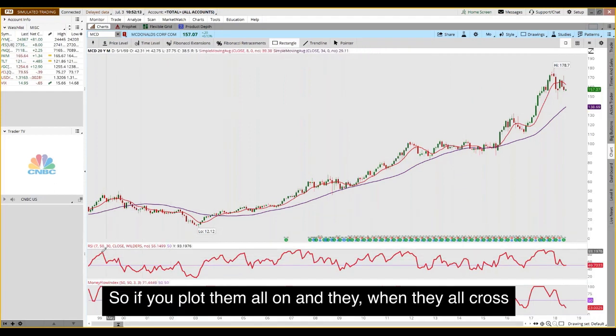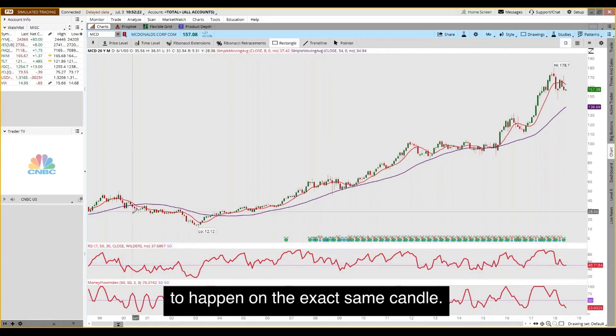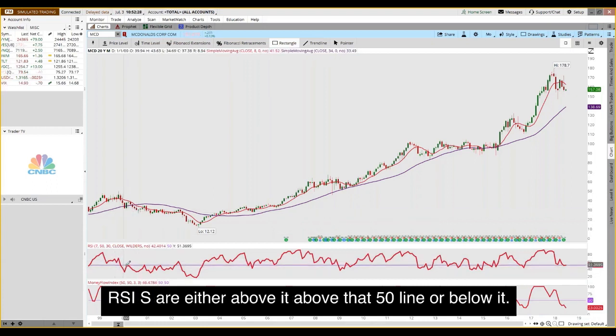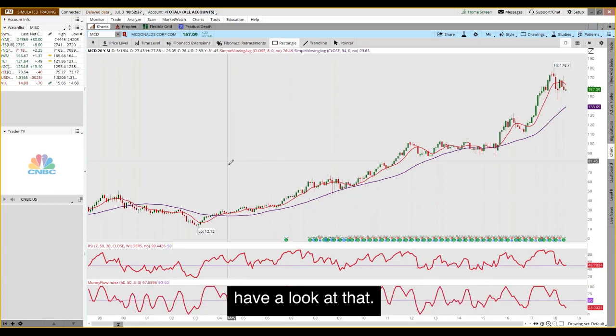So if you plot them all on, and when they all cross that 50 line, and it doesn't have to happen on the exact same candle. What I mean is the first candle where all 3 of those RSIs are either above that 50 line, or below it, that's usually a great area to go long or short.